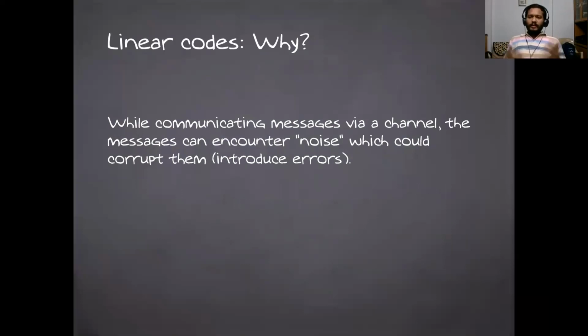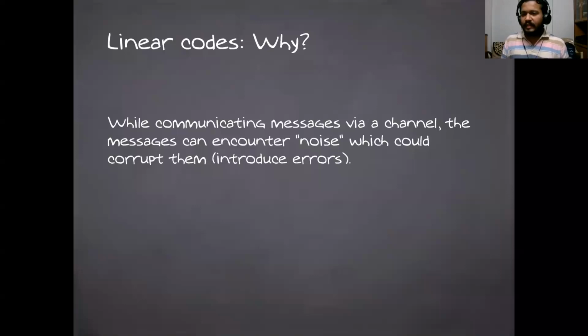The whole problem is about sending a message from a sender to a receiver via a channel. A channel by itself, if you think of it as a physical entity, is always susceptible to noise. In this model, we think of a message as consisting of certain bits, and when the message passes through the channel, the noise that the channel incurs corrupts the message, and corruption essentially means changing the symbols.